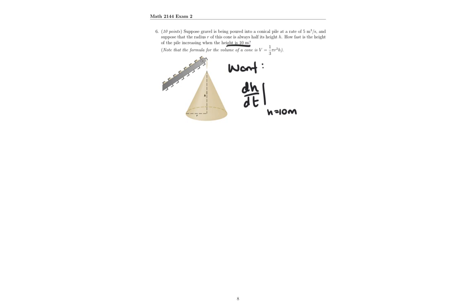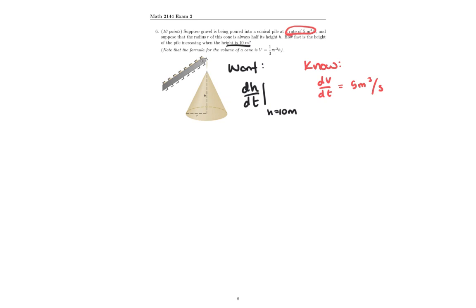What do I know? Okay, well, I know that gravel is being poured into the conical pile at 5 meters cubed per second. So I know that dV/dt is equal to 5 meters cubed per second, right? Gravel is being poured into that pile. The volume is changing with respect to time at 5 meters cubed per second.